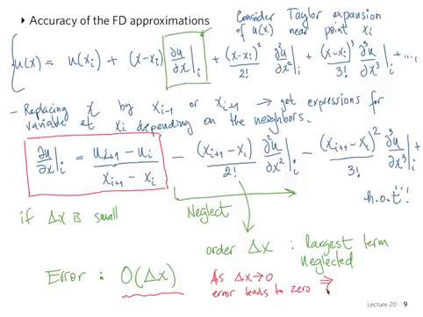Which means that the approximation converges. The approximation of the derivative that we just made converges to the exact value of the derivative.